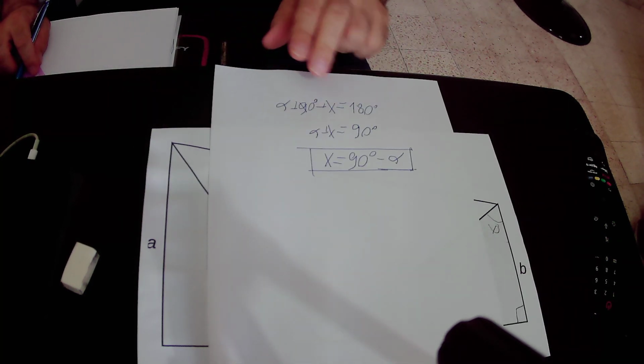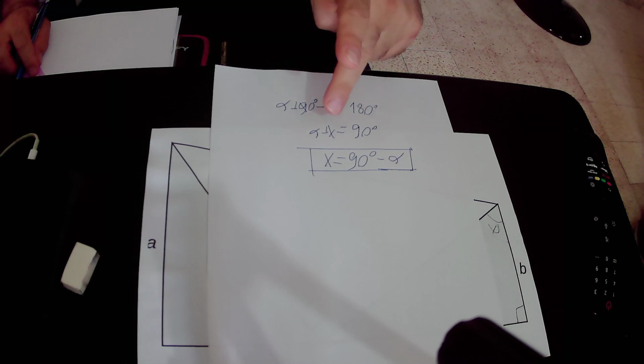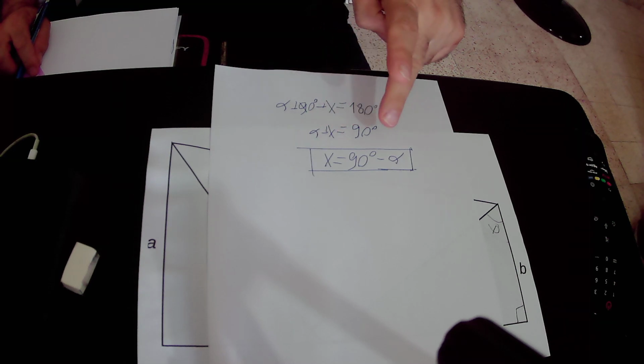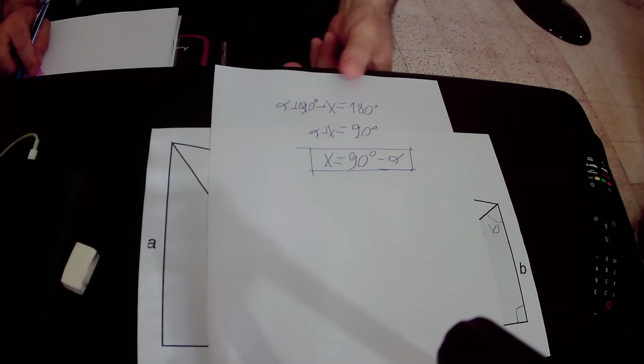So we subtracted alpha from both sides of the equation. We get that x equals 90 degrees minus alpha.